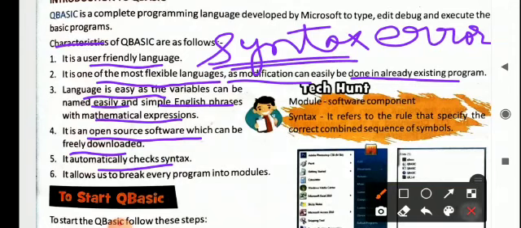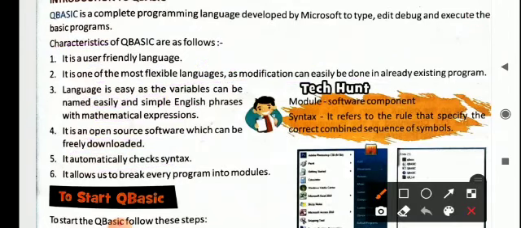Okay. Now the next feature is that it allows us to break every program into modules. Now basically, what does a good programmer do? For suppose they are having a complex problem and they need a program for it. So first they are going to break that complex program into many segments. That segment is known as a module, and then they find the solution for each and every segment separately.